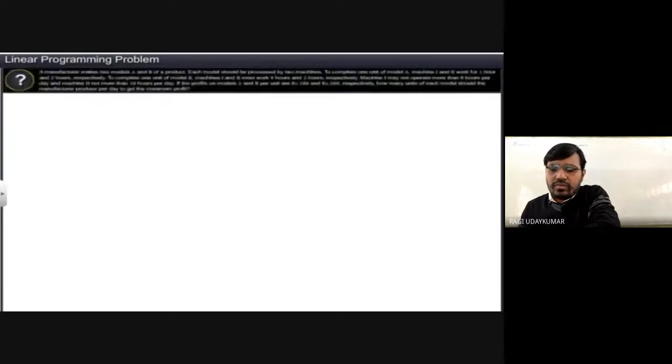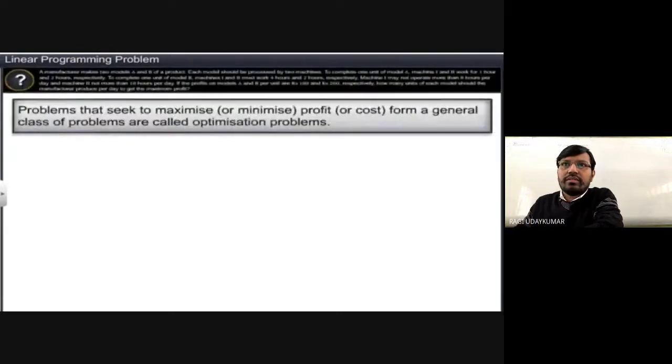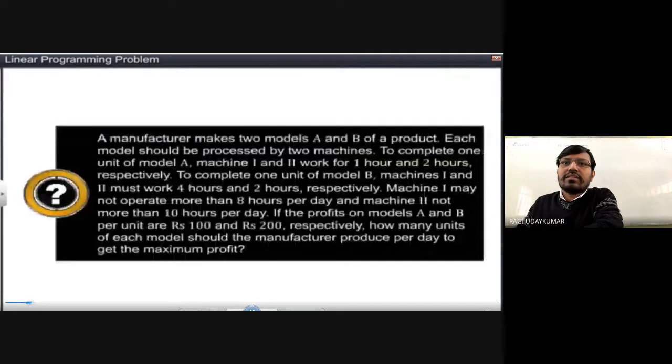To complete one unit of model A, machine 1 and machine 2 work for 1 hour and 2 hours respectively. To complete one unit of model B, machine 1 and 2 work 4 hours and 2 hours respectively.